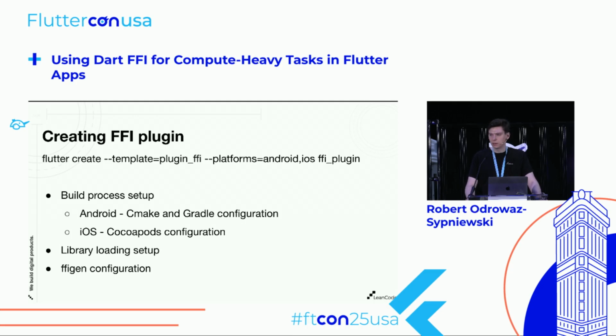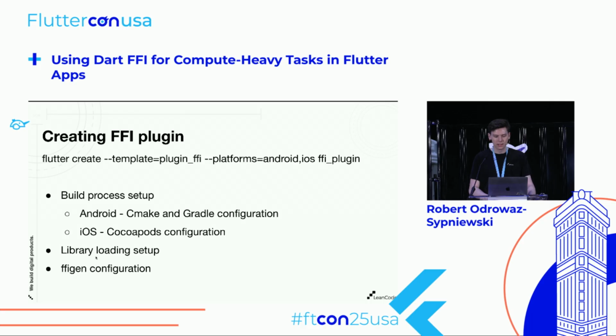First up, it will set up the build process of our native library. On the Android side, it will generate a piece of CMake that will compile our native code and give us a Gradle configuration that will include this CMake into our Android build. On the iOS side, we'll get a CocoaPods configuration that compiles our native library, same as it would compile Objective-C or Swift code in a standard iOS plugin.